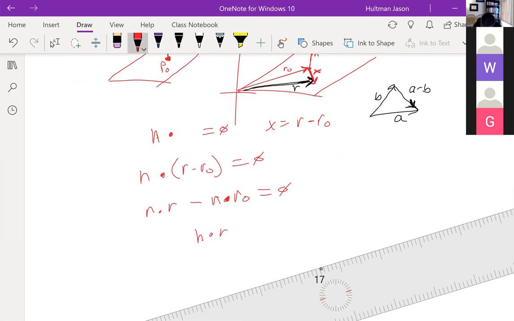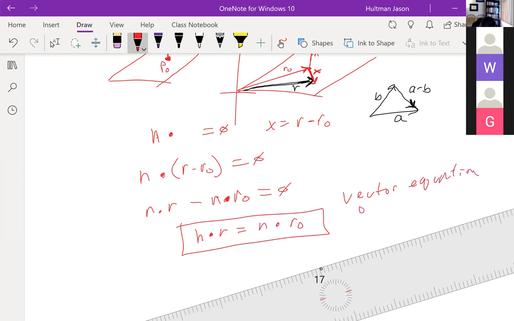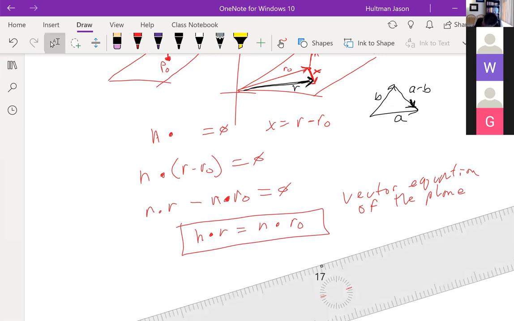And we say this is the vector equation of the plane.